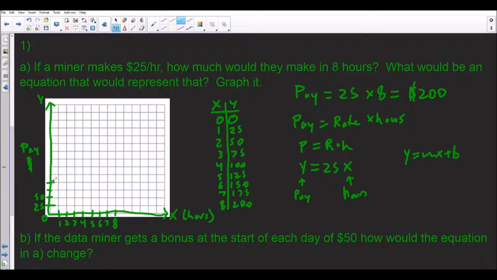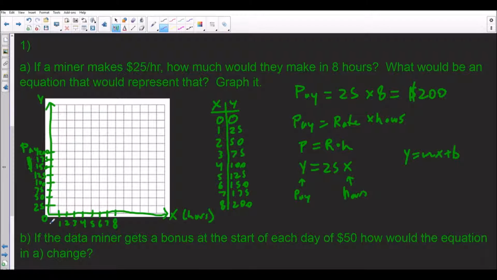So let's see here. Our next one's going to be 75, 100. So 25, 50, 75, 100, 125, 150, 175, 200.